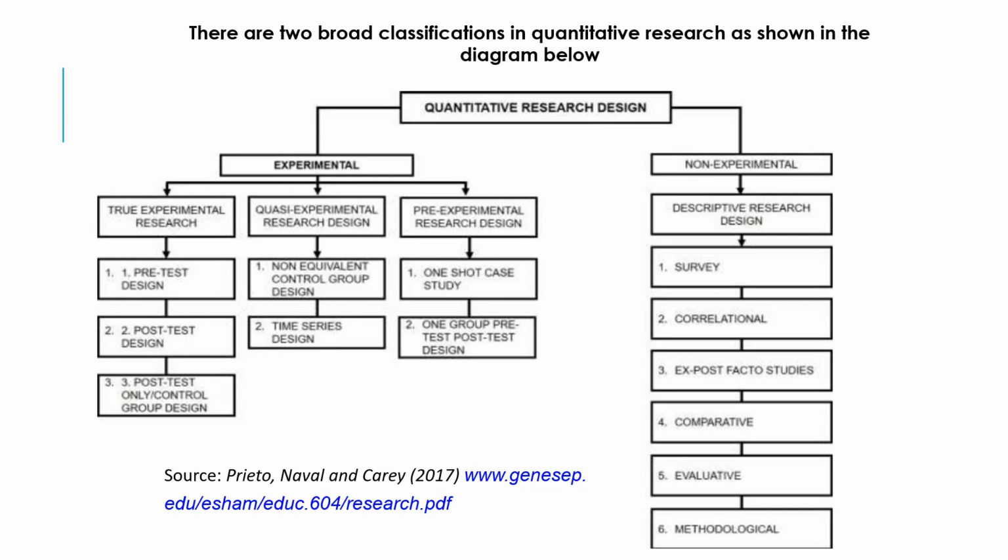At sa atin namang pre-experimental research design, we have one-shot case study and one group pre-test post-test design. Okay, so yun yung ating classification or types of quantitative research, experimental and non-experimental.